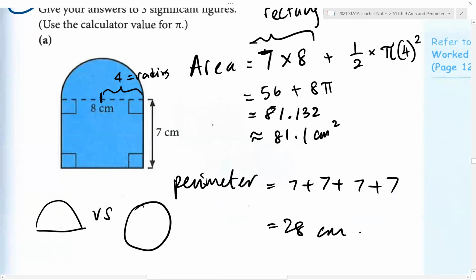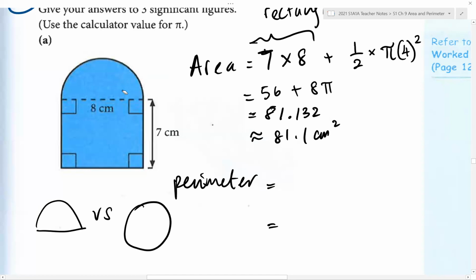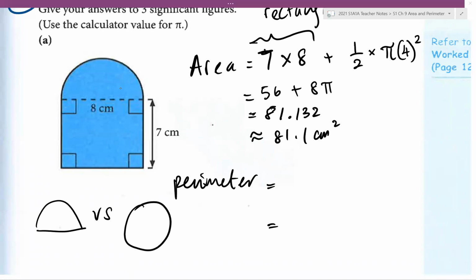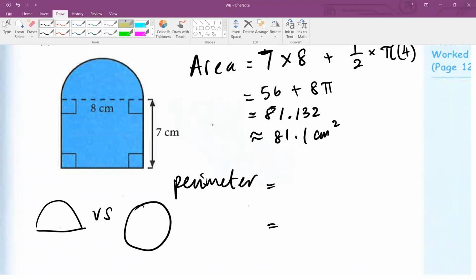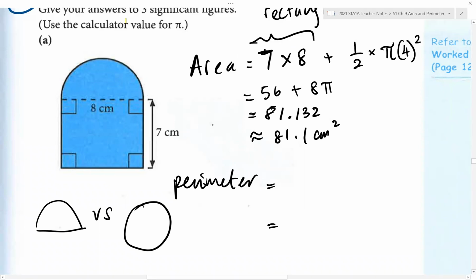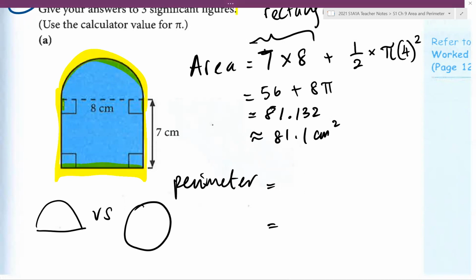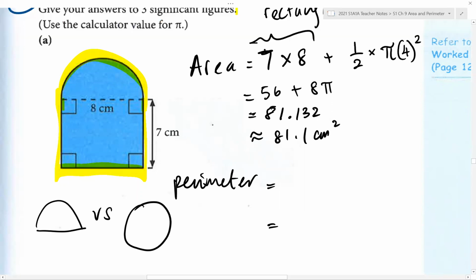It's also wrong, lah. Wrong. The whole thing. Okay, outline the perimeter. With your finger, tell me where is the perimeter? Okay, here. Which one do you know? Which distance do you know?